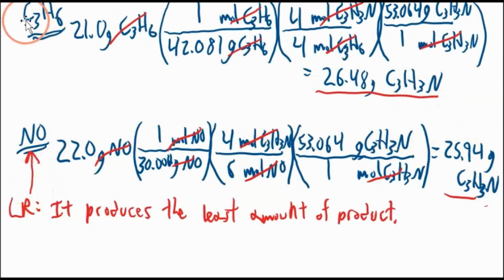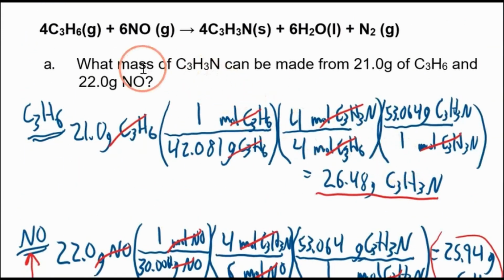We have enough C3H6 to make 26.48 grams, but we can't make 26.48 grams because we only have enough NO to make 25.94 grams of acrylonitrile. So this is our yield. This is how much can be theoretically made, because this is on paper.